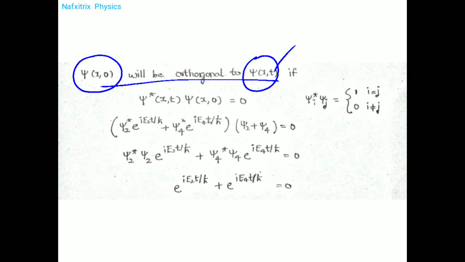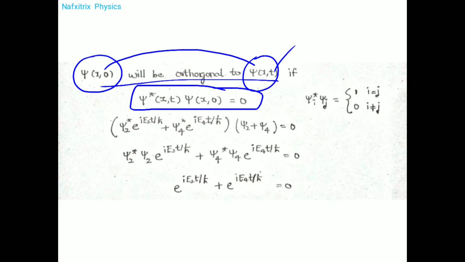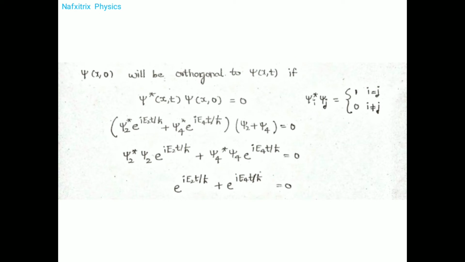That time we need to find out. So the orthogonality condition is xi star of x comma t into xi of x comma 0 equals 0, because both wave functions have to be orthogonal. So this is the condition: xi star into xi equals 0. Now we need to simplify this.